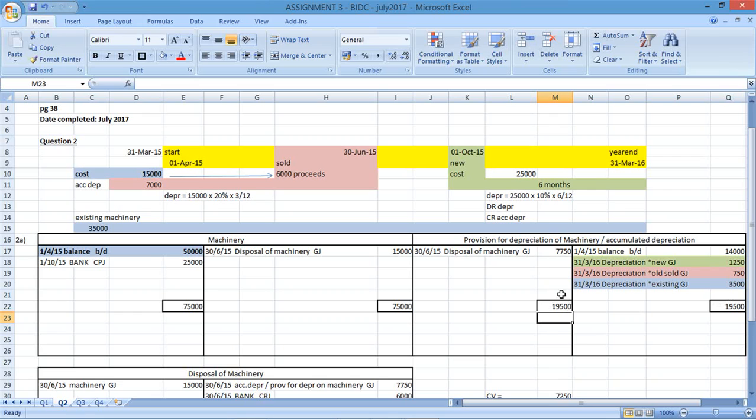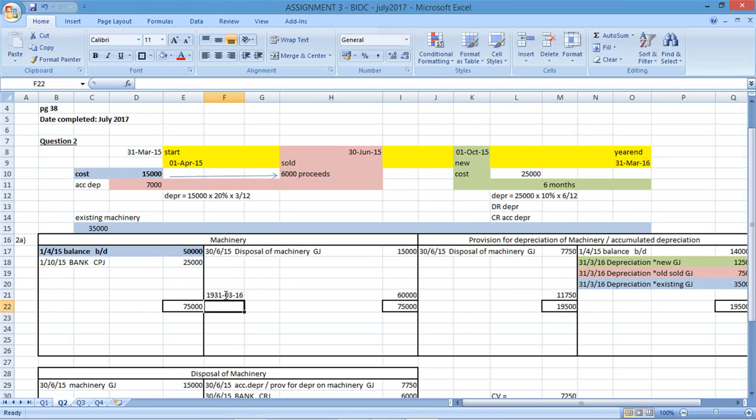Gives me an answer. Then the balance brought down, balance carried down. So this minus that. This minus that. Gives me balance brought down, balance carried down on the last day of the year. So last day of the year would have been 31st March 2016. The date, come on, 31st/3/2016.